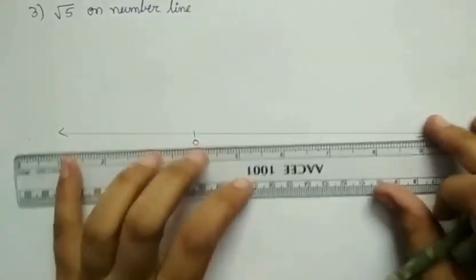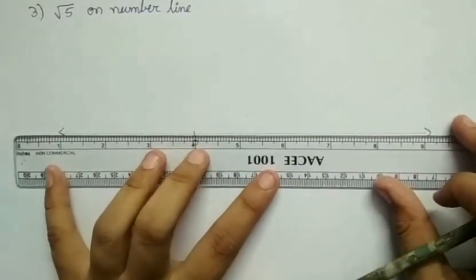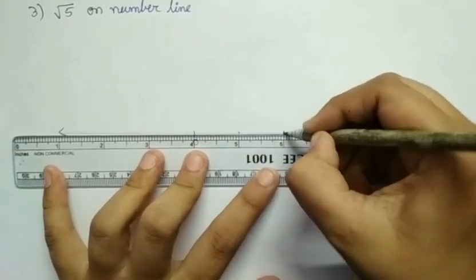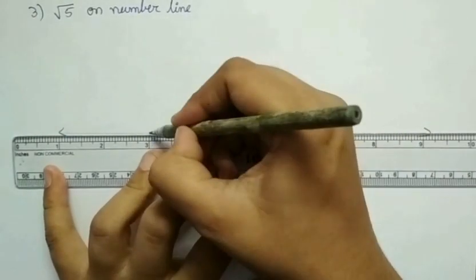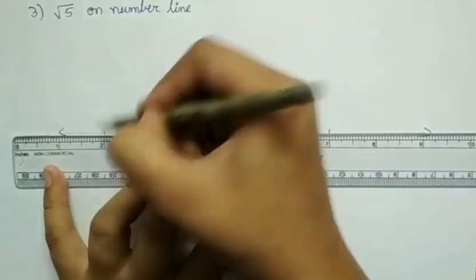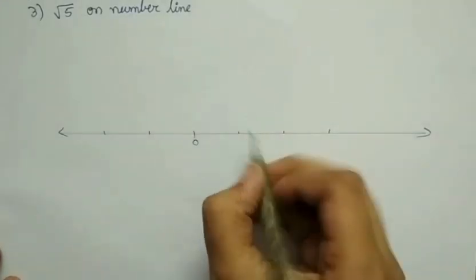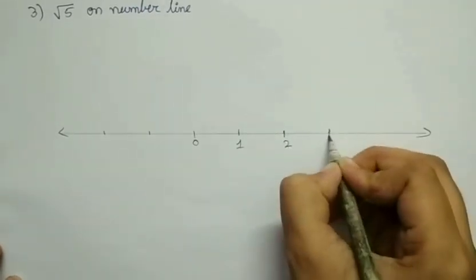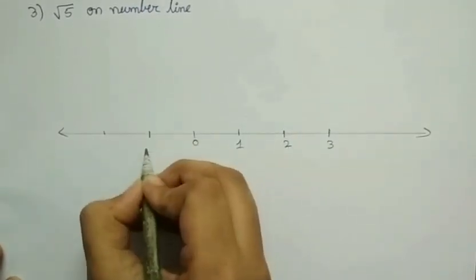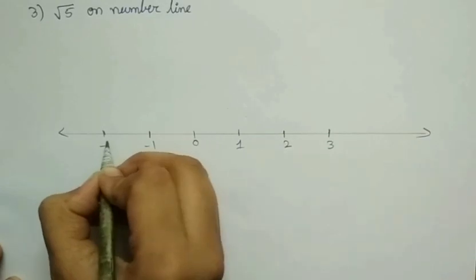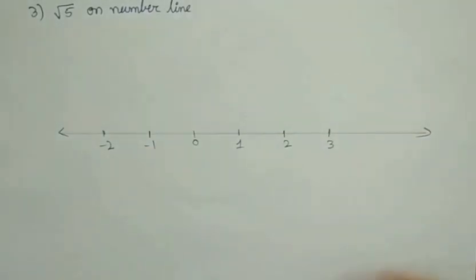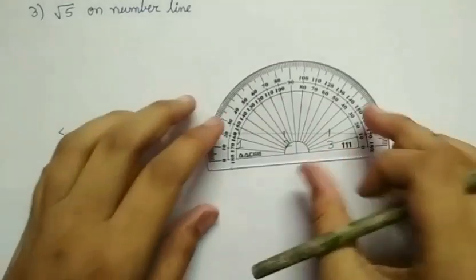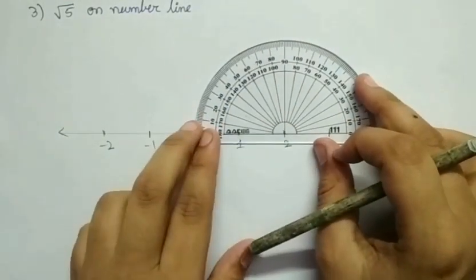As I said, we need to take a unit distance, a constant distance of 1 inch. 2, 3, minus 1 and minus 2. This will be 1, 2, 3, minus 1, minus 2. So for root 5, we need to take the base as 2.